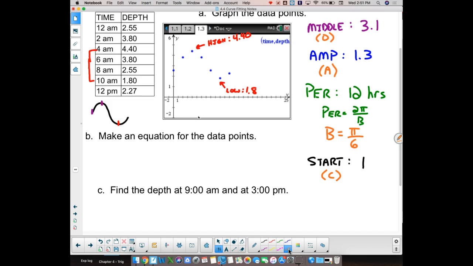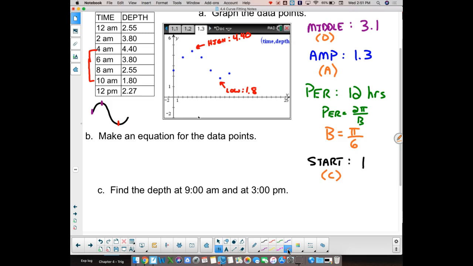Because the high was at 4, a quarter of the period gets me from the high in a sine curve back to the middle. So 3 hours backwards gets me to 1 o'clock. Do we have enough information now to make a sine curve? Yeah. Okay.